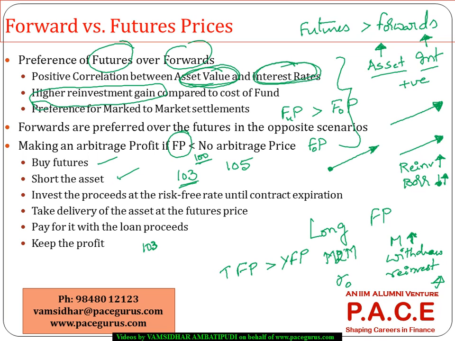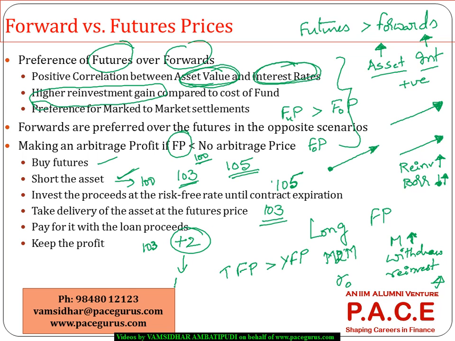You have shorted the asset. So let's assume today you have sold the asset at 100, and you have invested it at the risk-free rate. You are going to get 105 on the expiration of the contract. Use that 105 to buy the asset at a future date, but you have agreed to buy it at 103, which means you are left with 2.